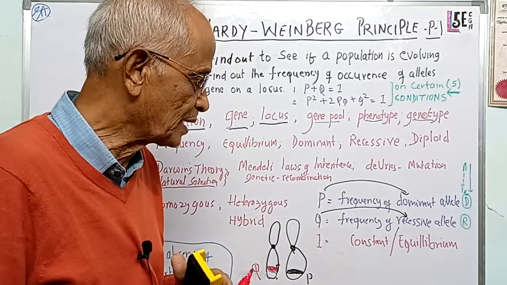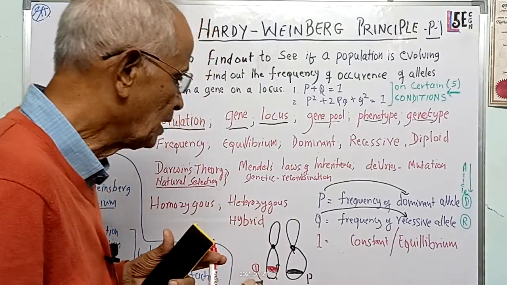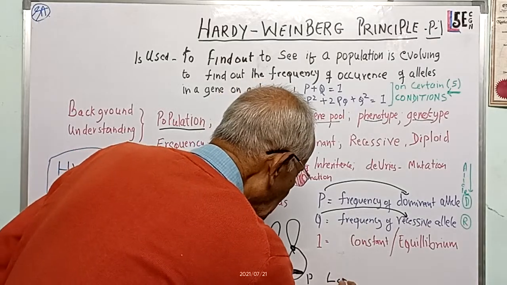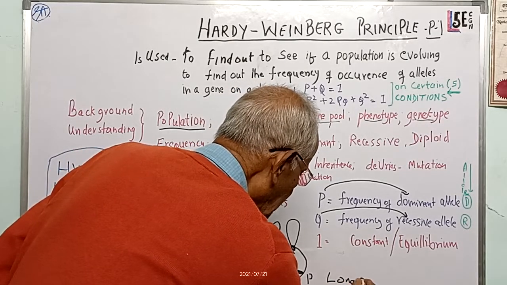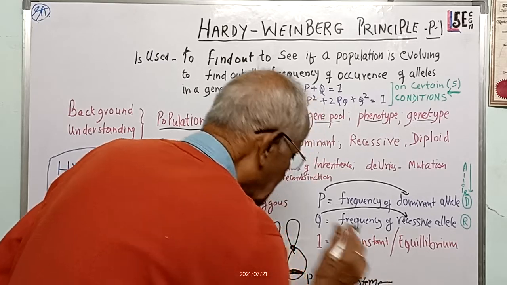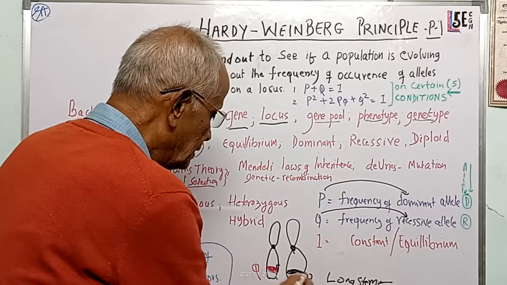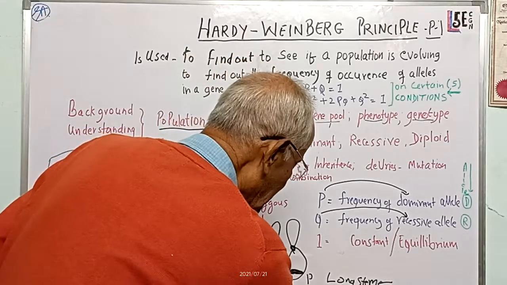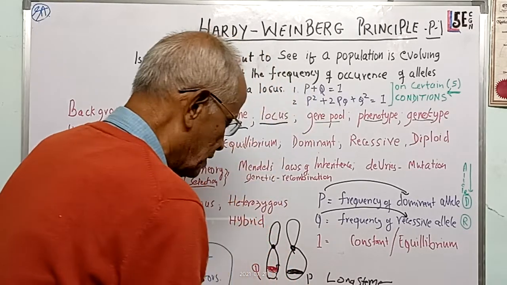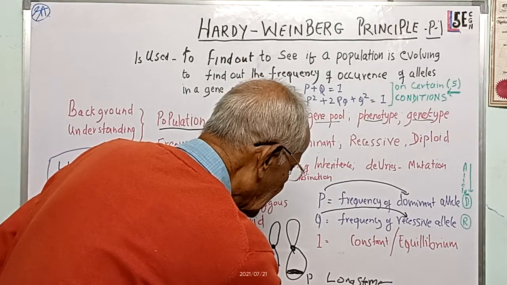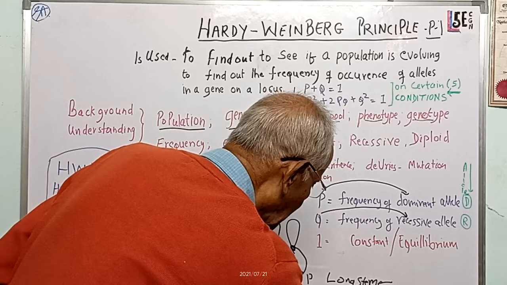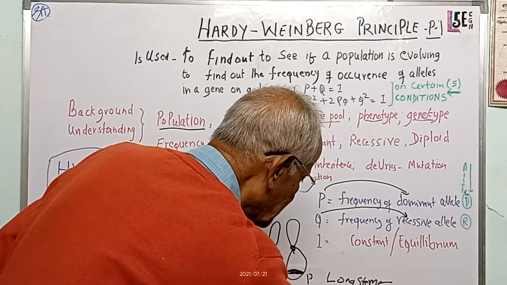So if I take an example, supposing we say the long stem is one character of the pea plant, then the genes represented, supposing I call it L as a gene, may be L type, or it may be L and a small l. It may be any of these things.